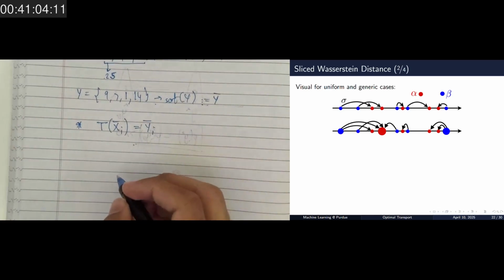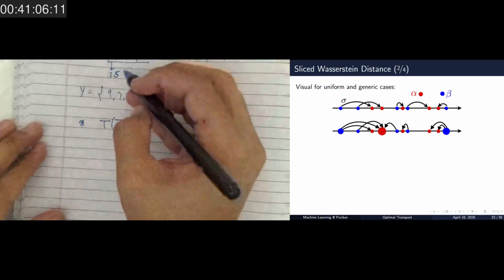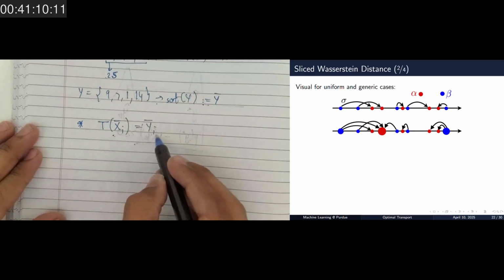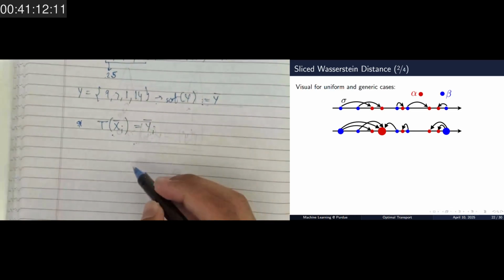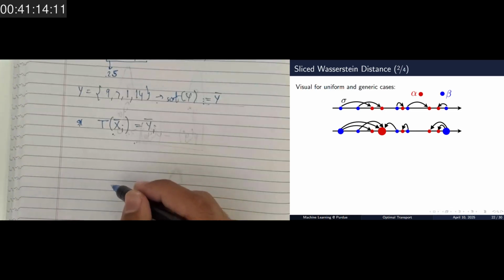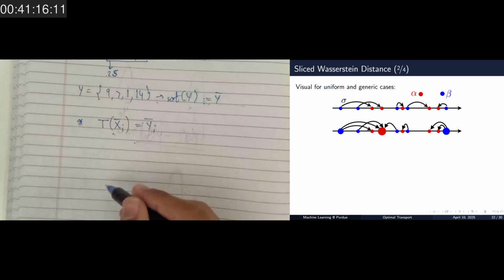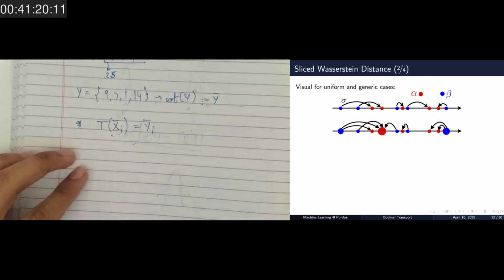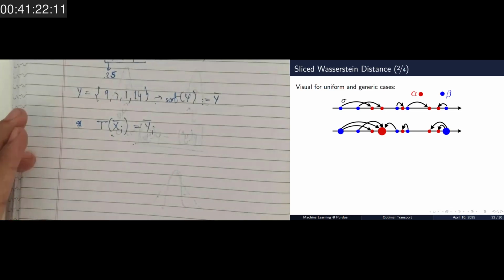But you would basically transport as much mass as possible from x1 to y1, right? If you have excess mass remaining in x1, you will transfer that remainder to x2 and so on and so forth until x1 is expended completely, and you keep doing that until you go through all of your xi's.